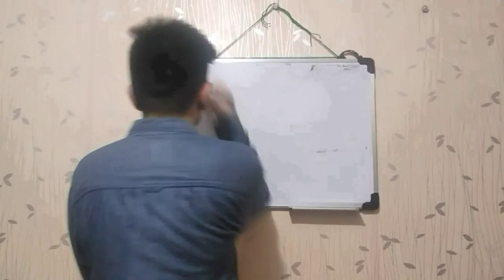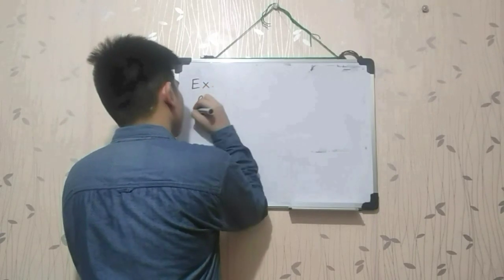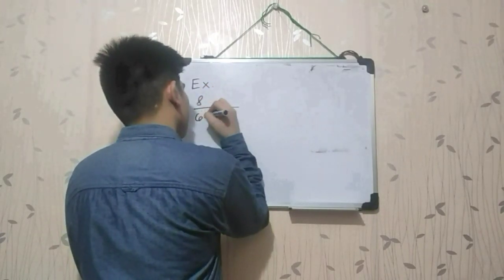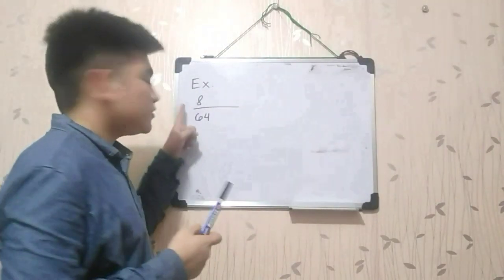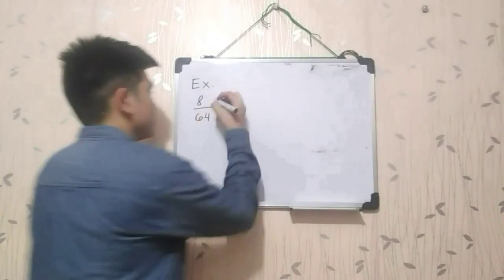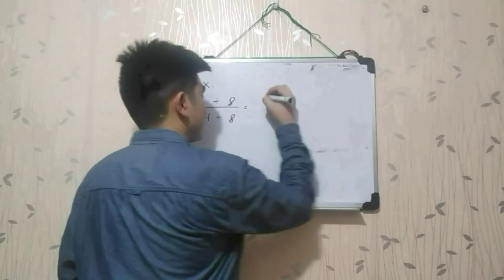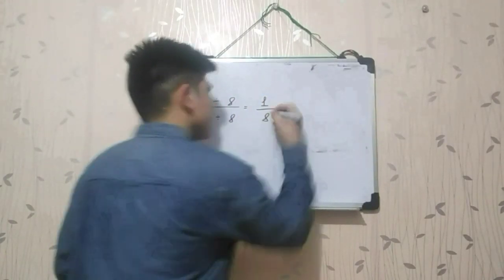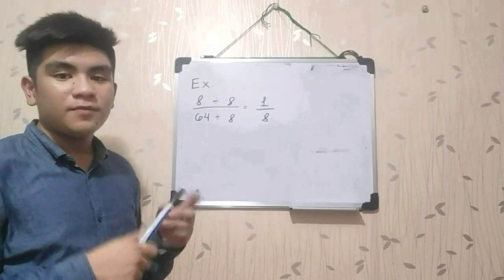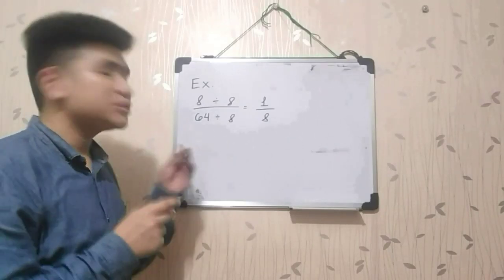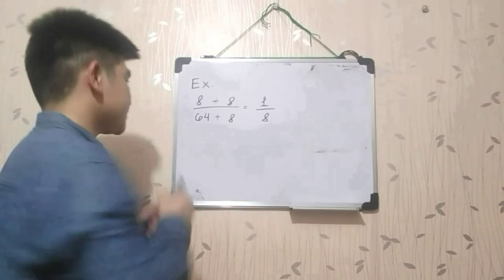For example, 8 over 64. Now, they both can be divided by 8. Now, it is 1 over 8. We can do that because in a ratio, just like any fraction, we can simplify it or reduce it to lower terms.